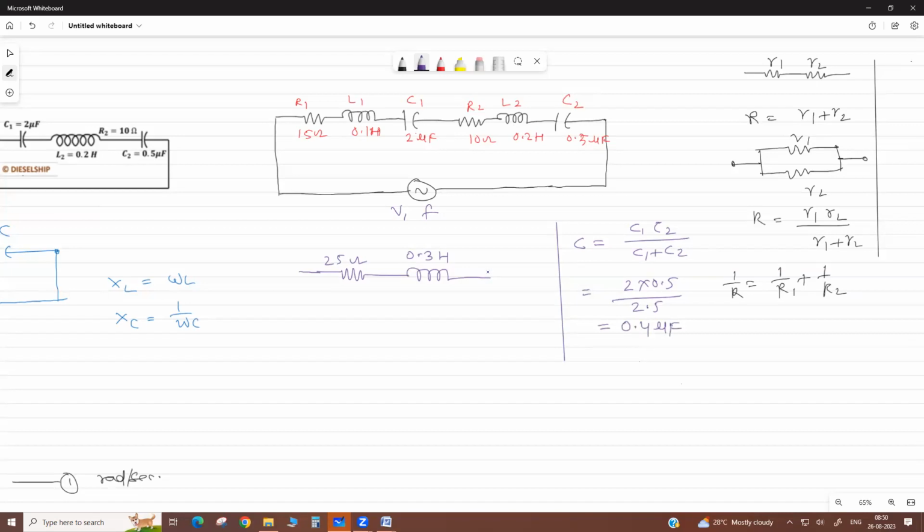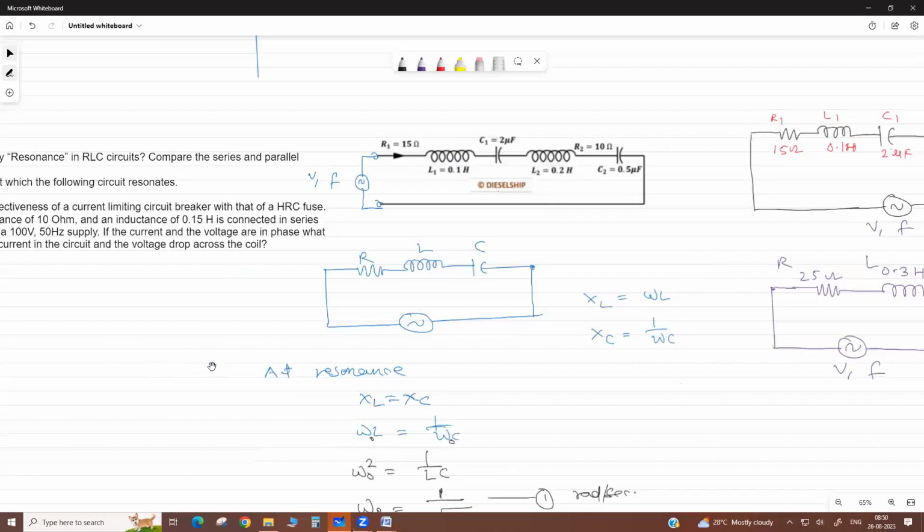Now this has become a perfect RLC circuit, with R, L and C, where C is 0.4 microfarad. Then if you apply an AC potential with some voltage and frequency, what is the question?